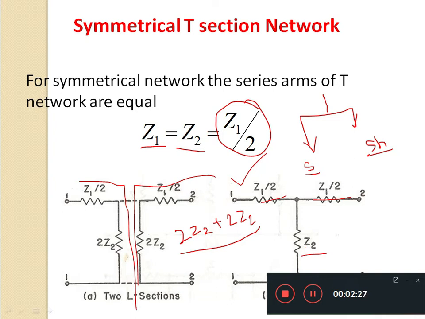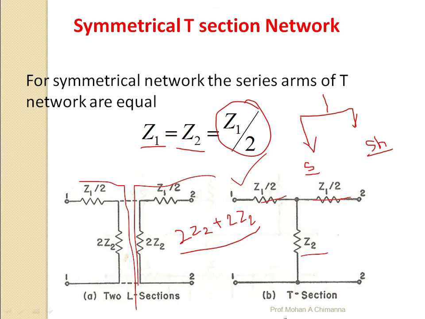In this way we have to see the equivalent impedance between the series arm impedances, so here is Z1 by 2 and Z1 by 2 upon 2Z2. This is the T section of the symmetrical network.